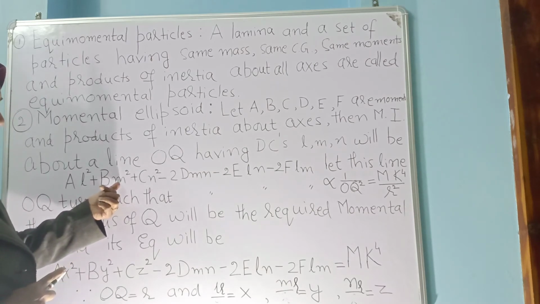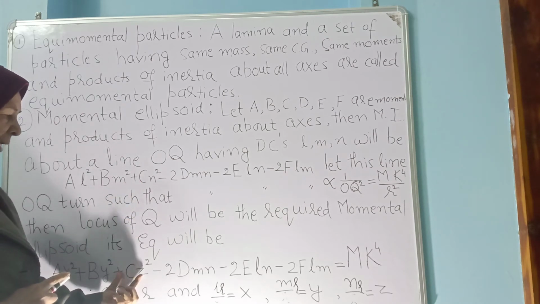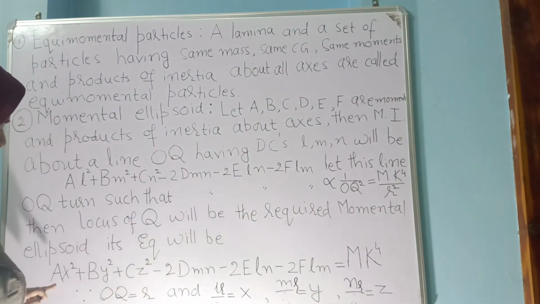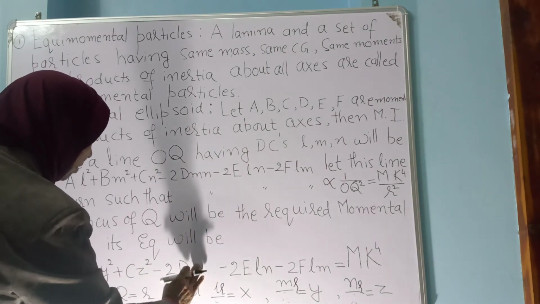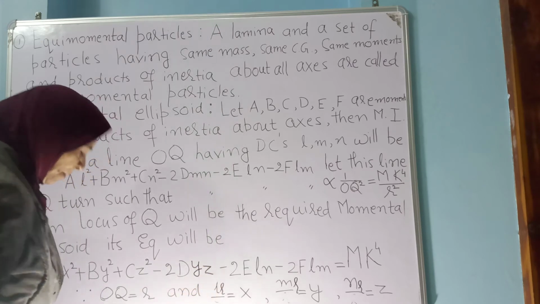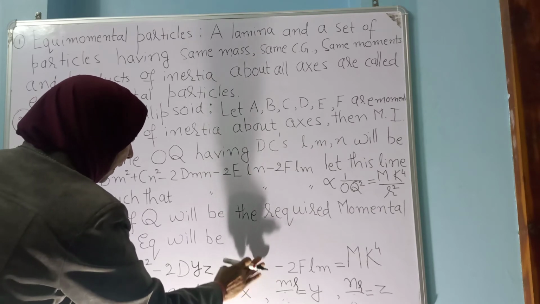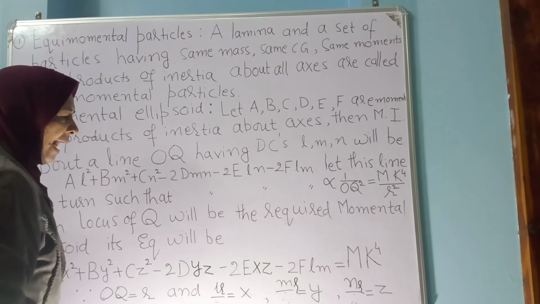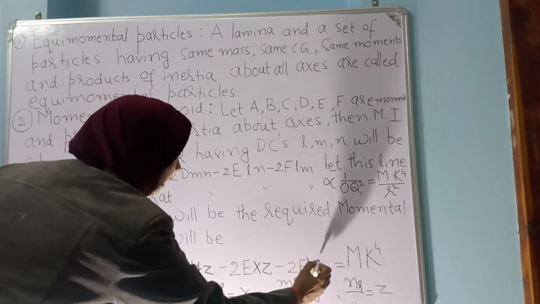Here you will get m square r square, so you will get B y square, and C z square minus 2D, x is omitted, so y z, minus 2E, y is omitted, so it will be x z, and here you will get x y.